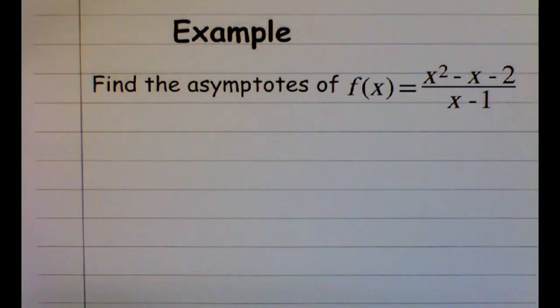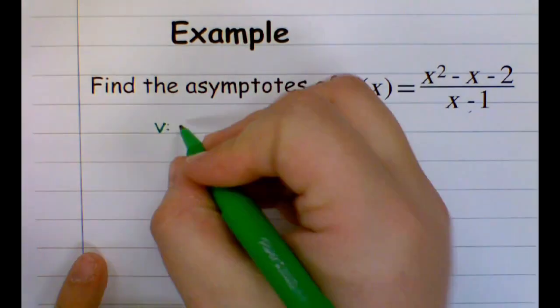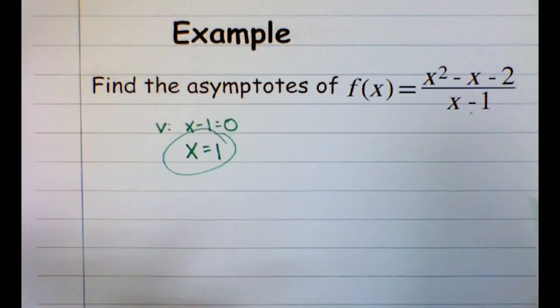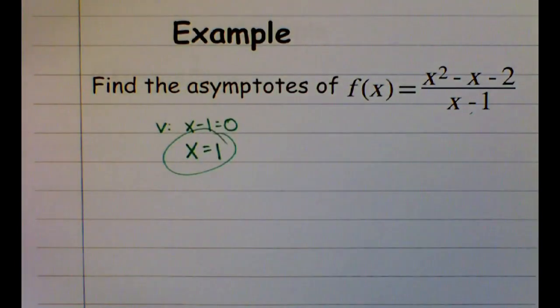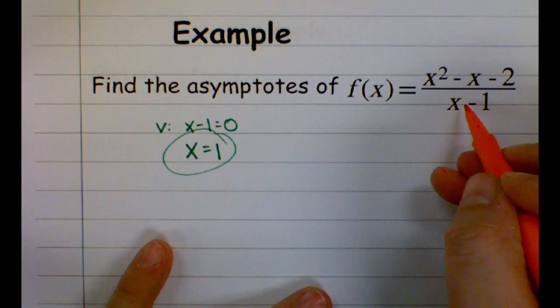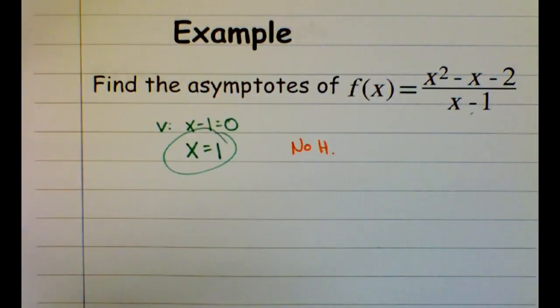All right, let's try this one. This just says find the asymptotes. Cool. Vertical asymptotes. Set the denominator equal to 0. X equals positive 1 is my vertical asymptote. Boom. Horizontal asymptote. The degree of the numerator is bigger than the degree of the denominator. There is no horizontal asymptote.